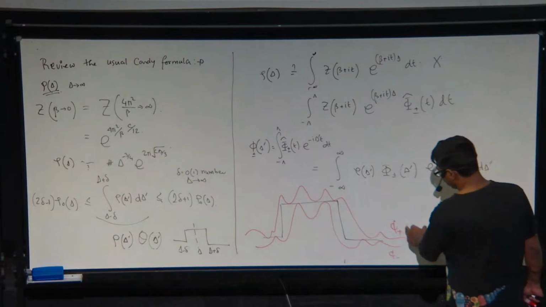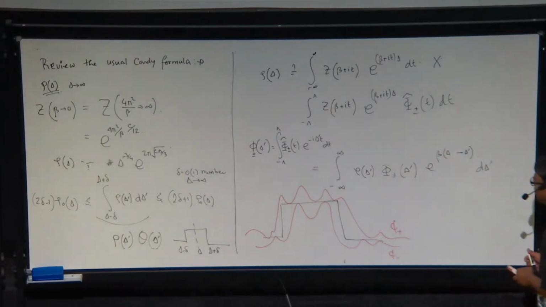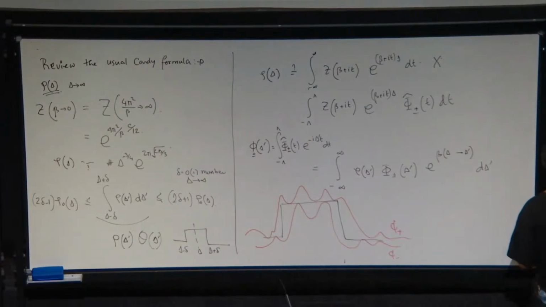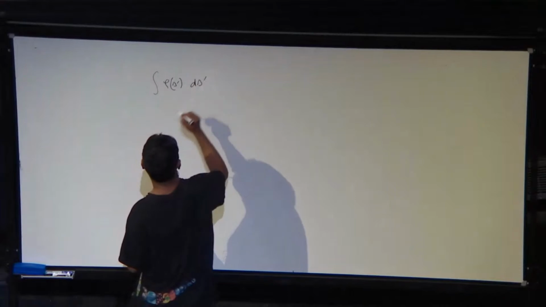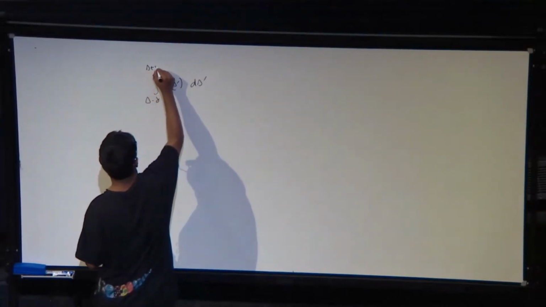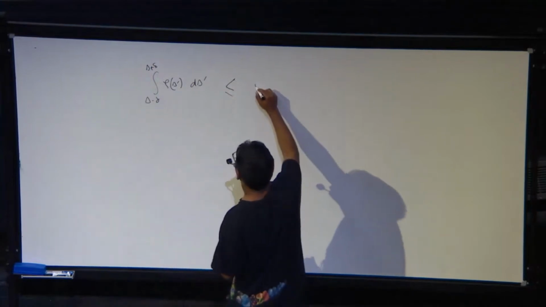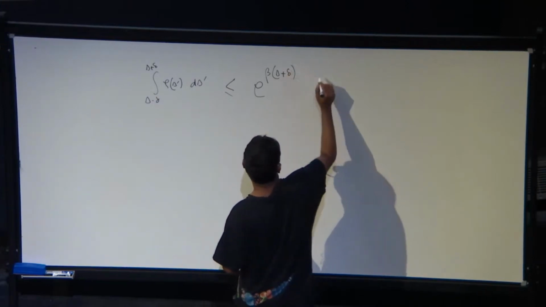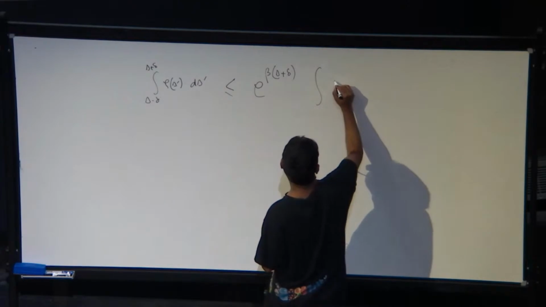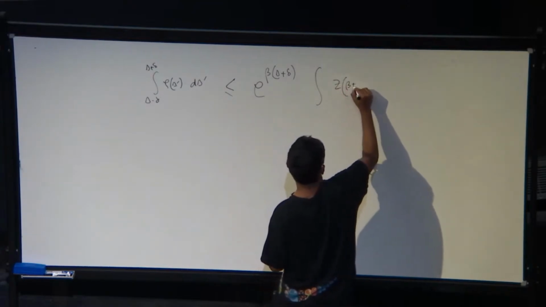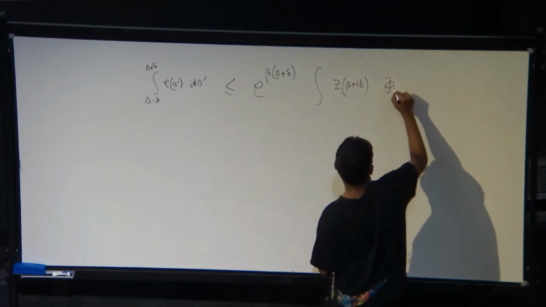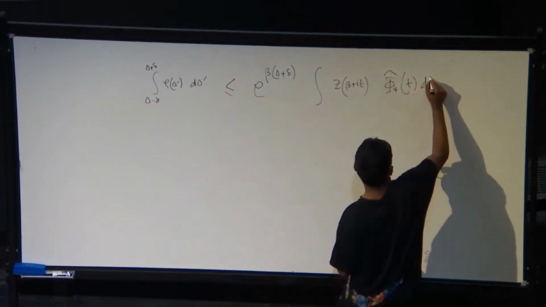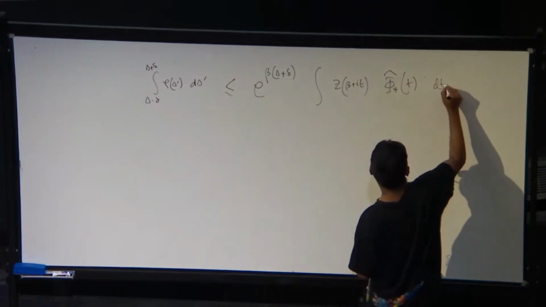So we use these functions, and using these functions we can immediately write down an inequality of this form, that the integral of rho of delta prime d delta prime is upper bounded by the integral with phi plus hat t dt.